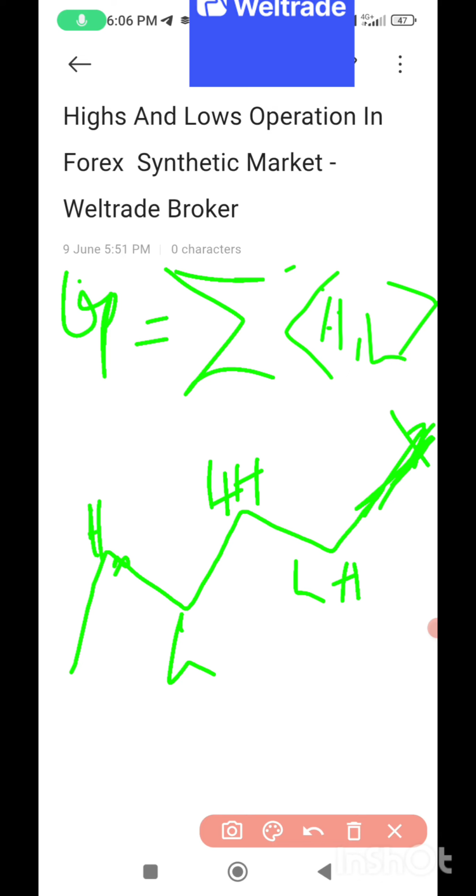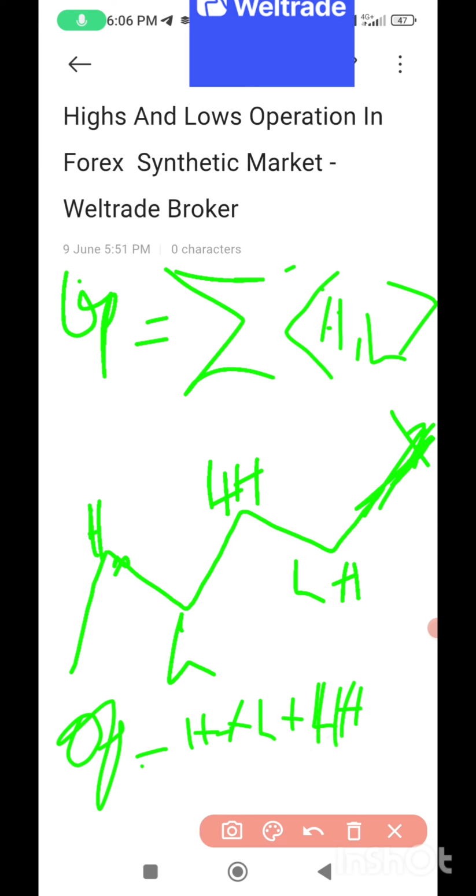Here, the output is equal to H plus L plus LH, and you have to follow this in order. This is H plus LH. This is the output. But if you run the probability analysis, you discover that some outputs may not be stable in one direction, and they can change direction and become an input.